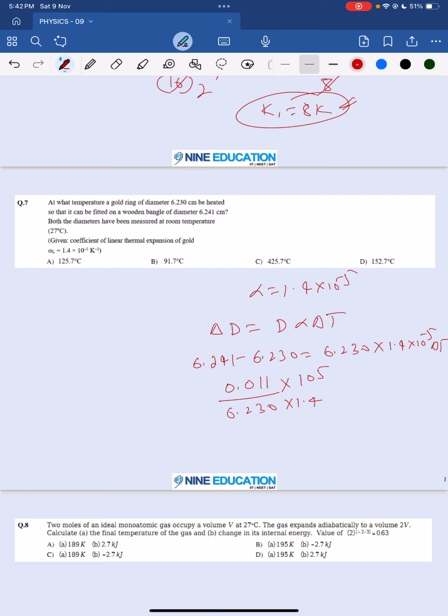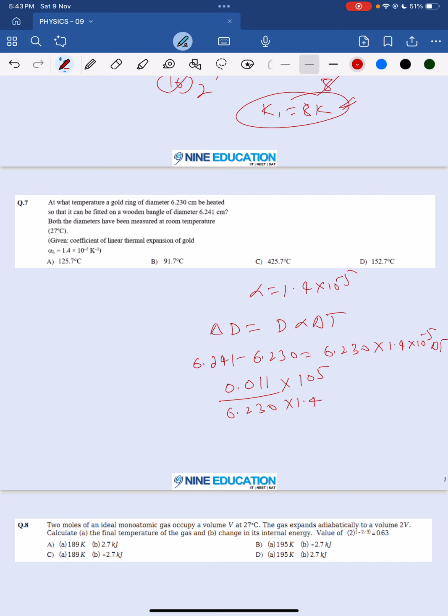So we need to divide it with 6.230, which is going to become basically this. So basically this is going to come somewhere around, after division, and divided by 1.4 also, right?